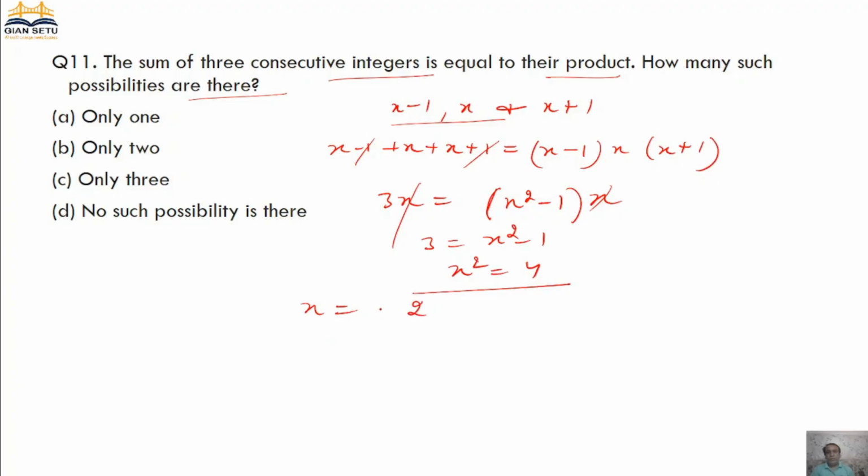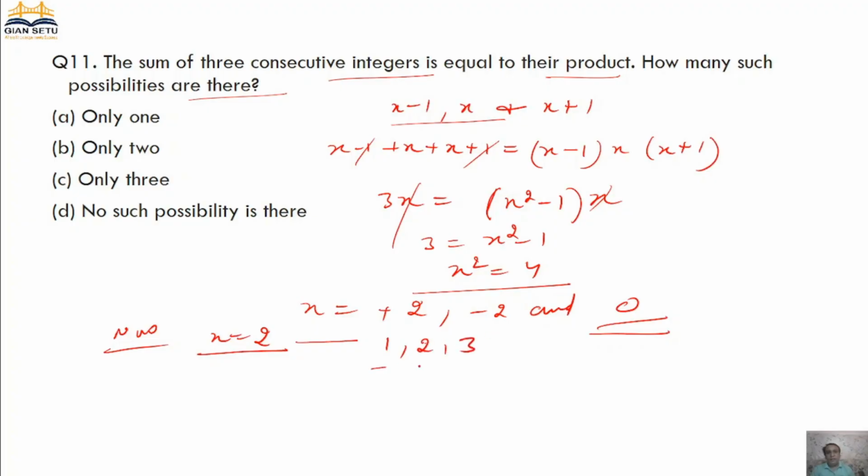And x is equal to 2, minus 2 and 0, right? Now when x is equal to 2, the consecutive integers are 1, 2 and 3.